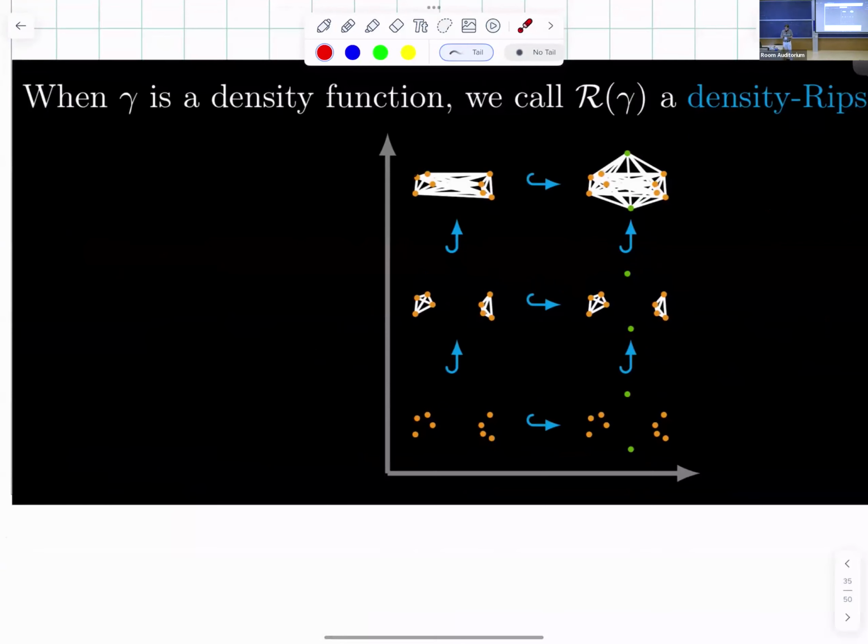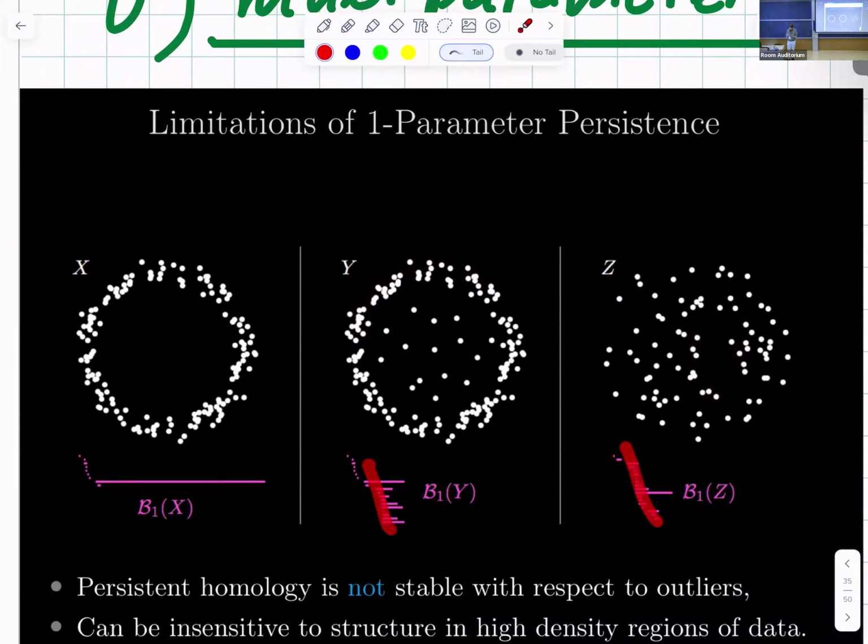I mean, I can say, okay, here's one a little longer, but this is totally random. Just from the barcode picture, I don't really have a good way to distinguish between these two. So you can certainly produce pictures and examples where you see that just computing one parameter persistence doesn't do the job. Yeah.